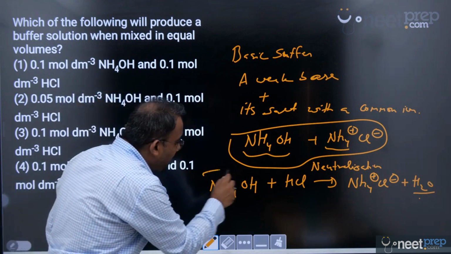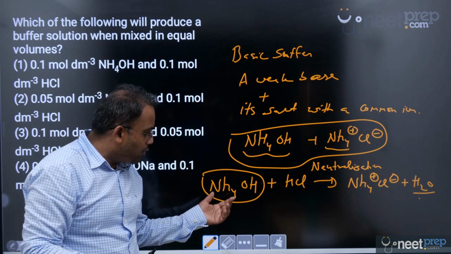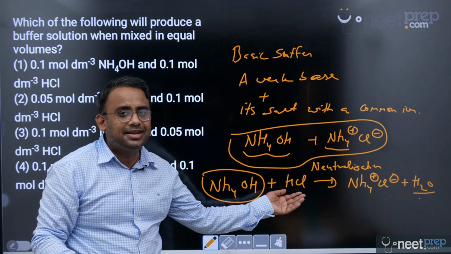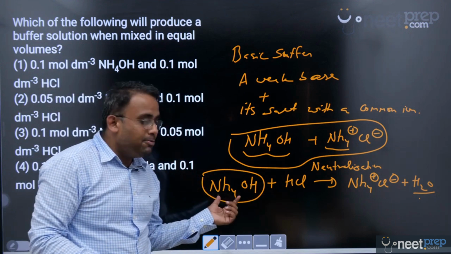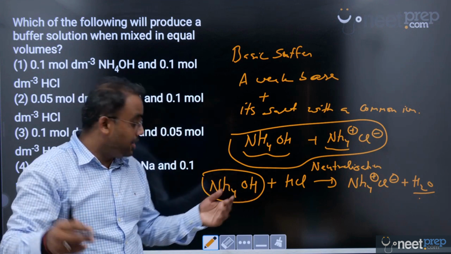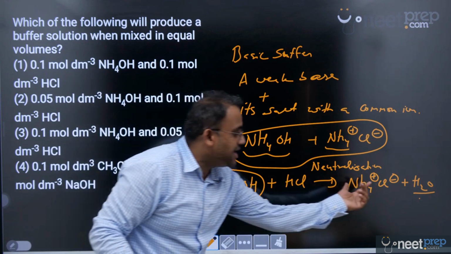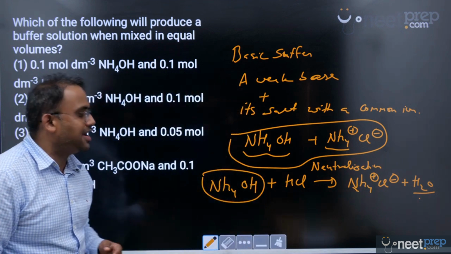what do I need to do? I need to think whether the number of moles, or the quantity, of ammonium hydroxide is greater than HCl. If this happens, at the end of the reaction I am going to have ammonium hydroxide as leftover because it is in excess, and ammonium chloride as the neutralization product of ammonium hydroxide and HCl.